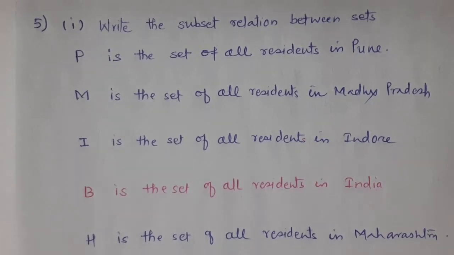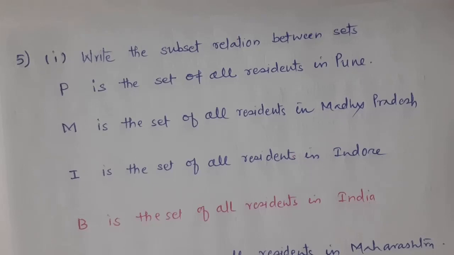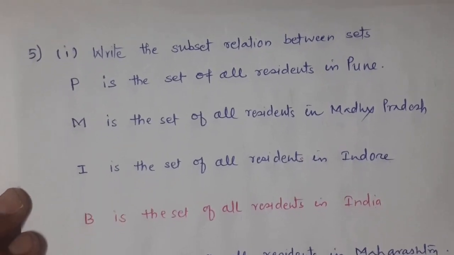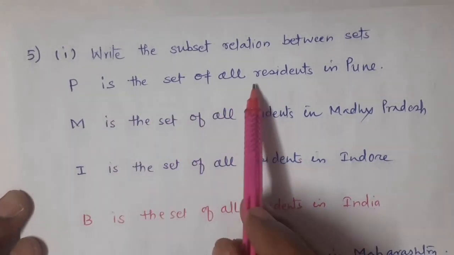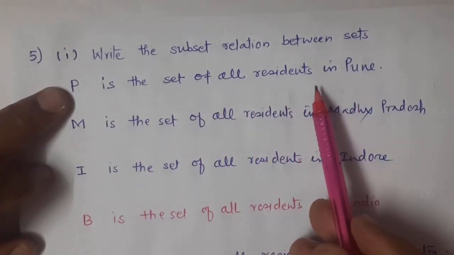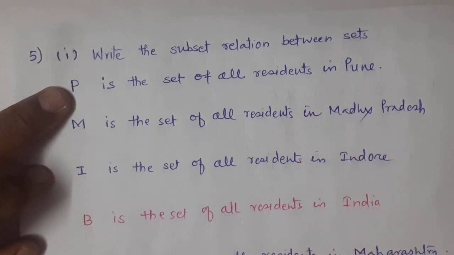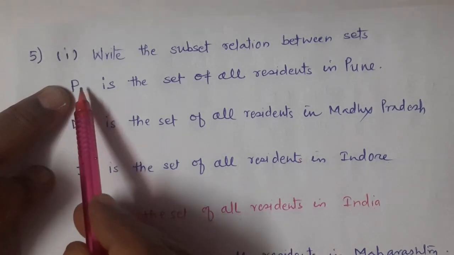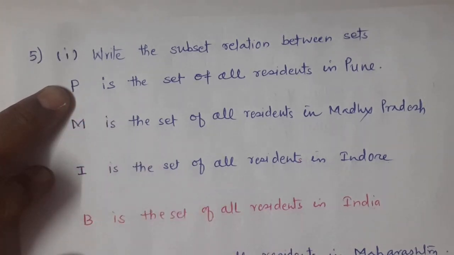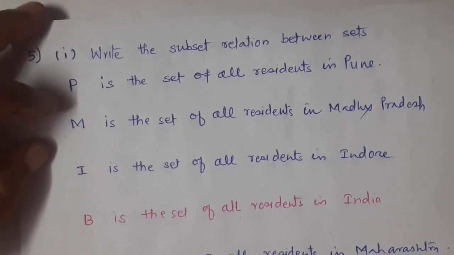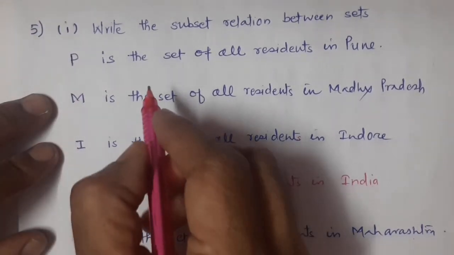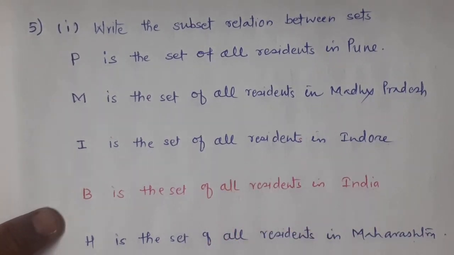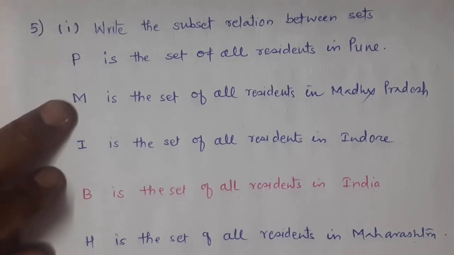So I can write that P is the set of residents in Pune, and H is the set of all residents in Maharashtra. That means Pune is in Maharashtra. So can I write that Pune is a subset of Maharashtra? Yes.